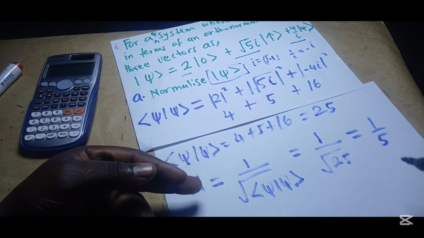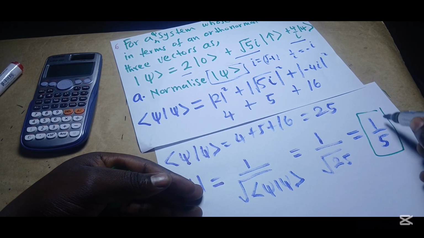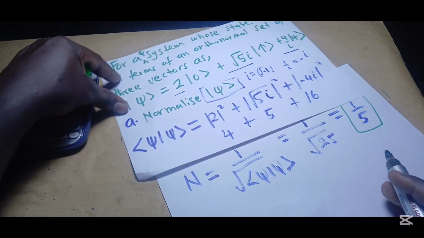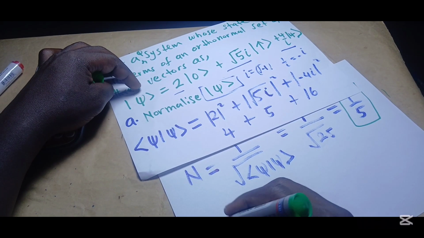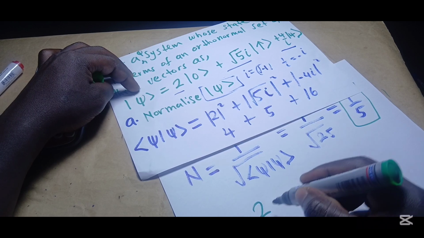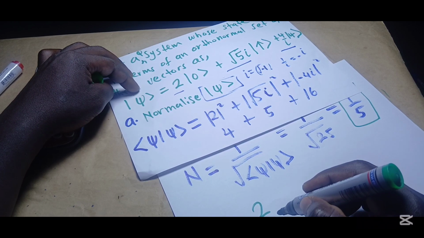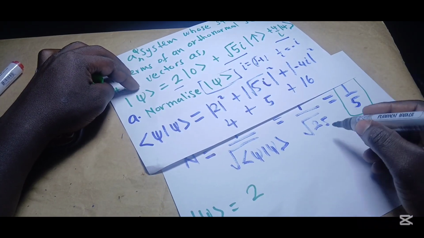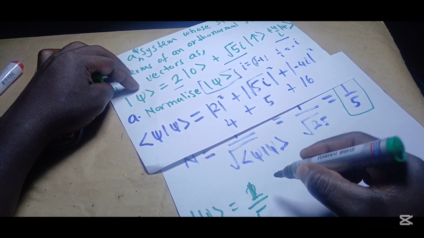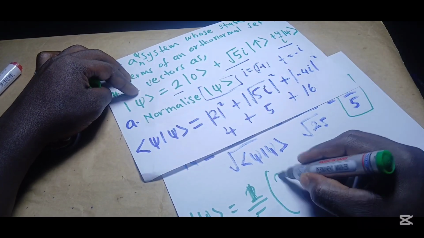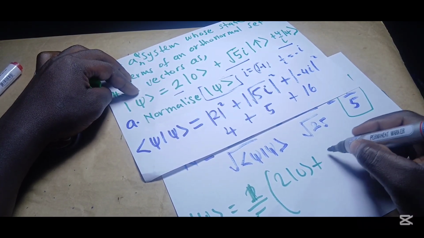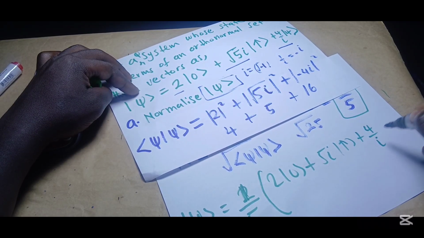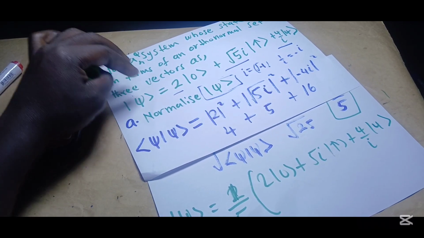And the last step is to multiply the state that was given to us by the normalization constant throughout. We were given psi equal to this term, so we are multiplying the normalization constant 1 over 5 throughout. So 2 ket 0 plus square root of 5i ket spin up plus 4 on i ket 4.